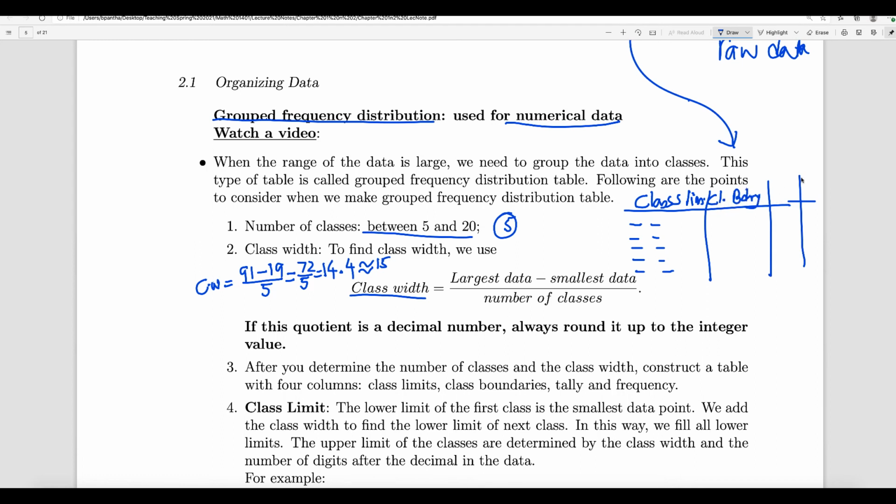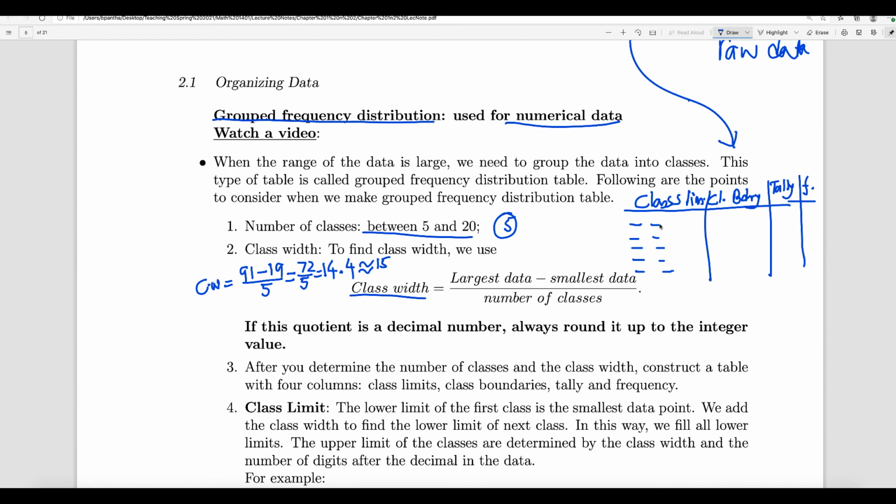The third column is tally, and the fourth column is the frequency, F. So this is how we construct a group frequency distribution table. The tally and frequency are similar to the previous one.